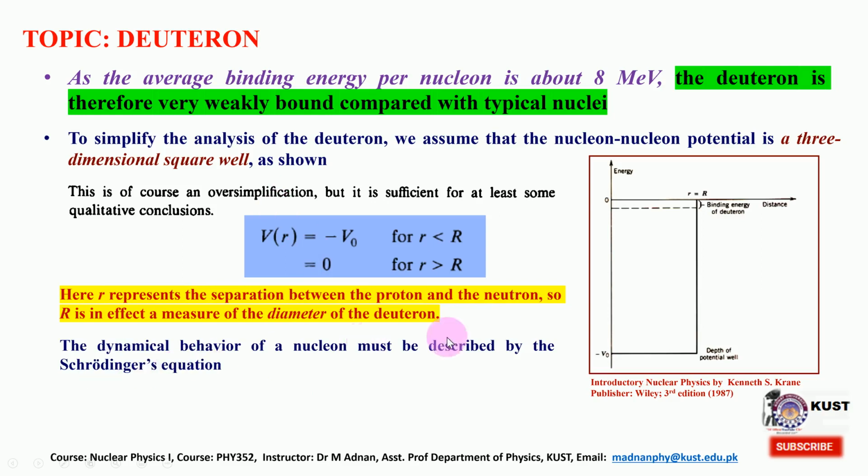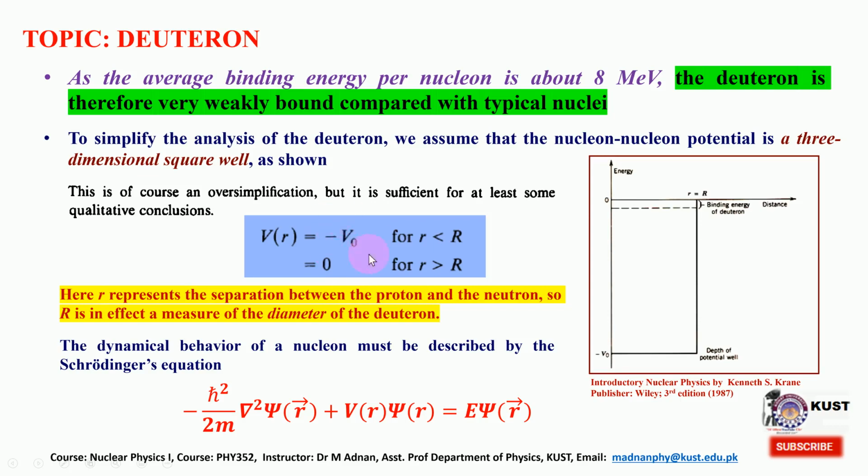Now, how do we model this interaction between the proton and neutron? That can be done with the help of the Schrödinger equation. That is, we will be writing the equation for the two nucleons interacting through a potential of the kind we have assumed.